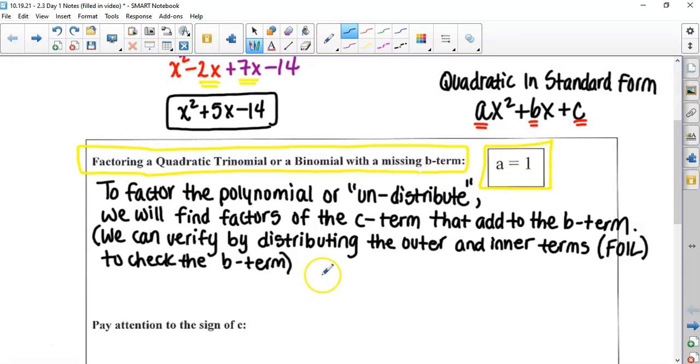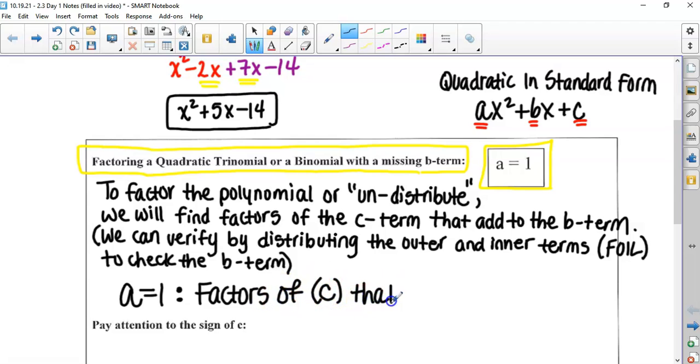So the key phrase we're going to use starting today, if I had to summarize this in one phrase: when a equals 1, we need factors of c that add to b.